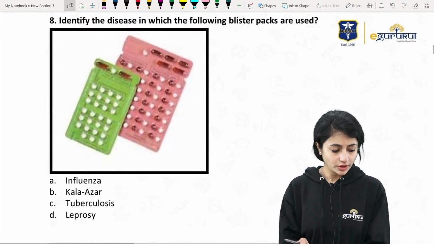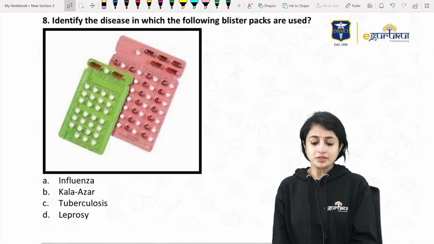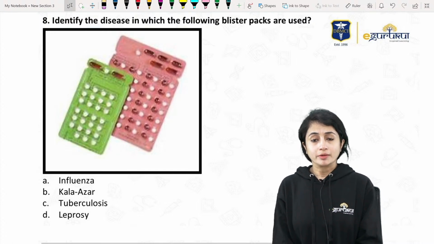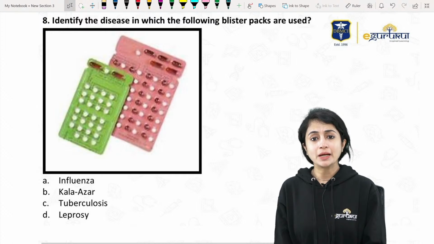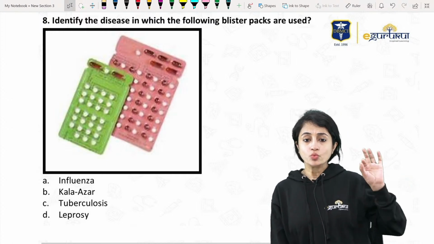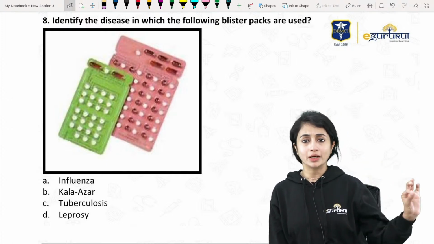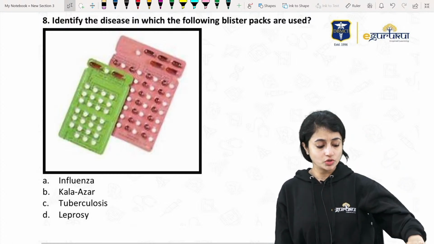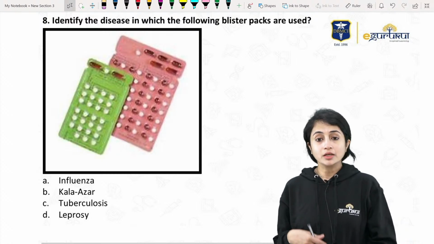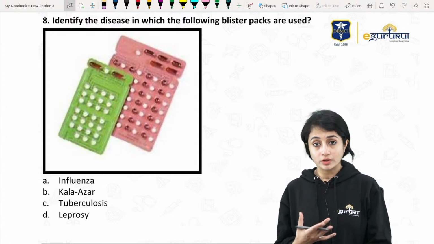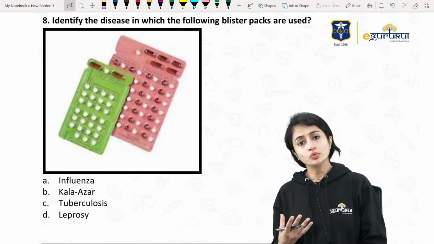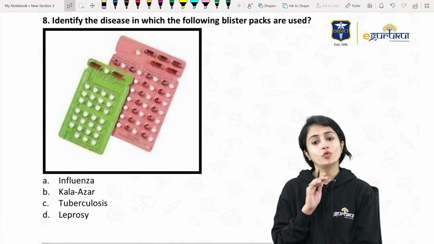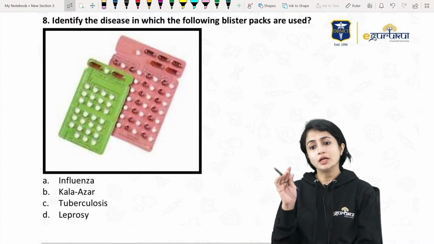Okay, moving on to the next question. Identify the disease in which the following blister packs are used. Now there are blister packs, what are blister packs? Blister packs are packs which contain medicine for full month. Now what happens if you're dealing with a patient of tuberculosis or patient of leprosy, then you need to ensure compliance. So you formulate such blister packs which have whatever medicines they need in one strip.